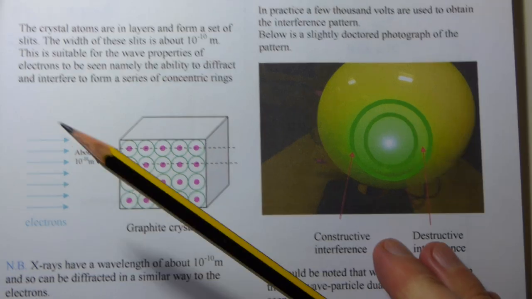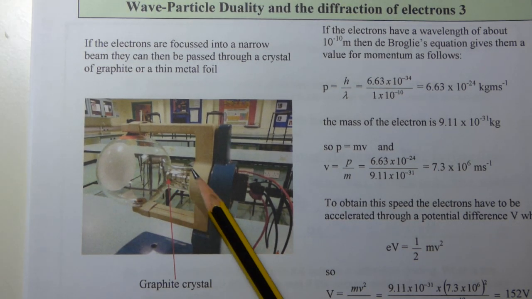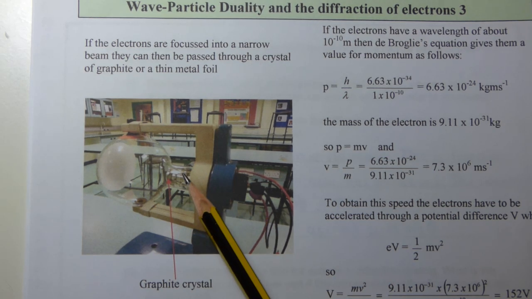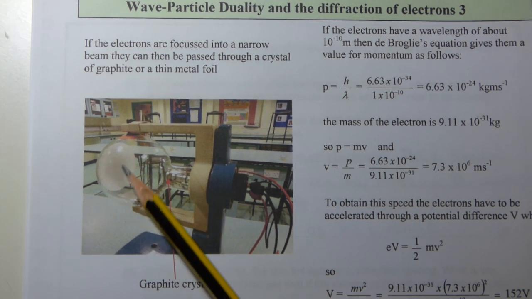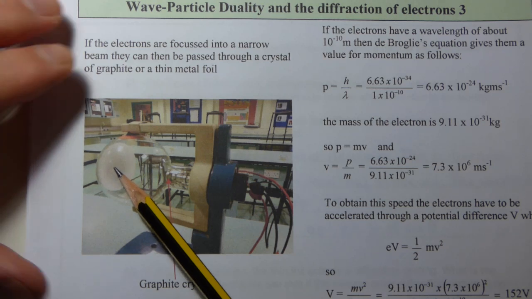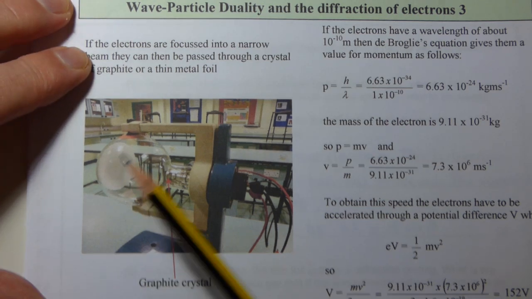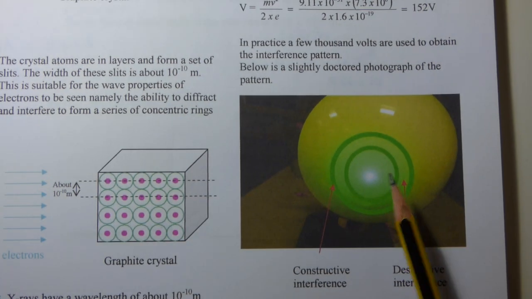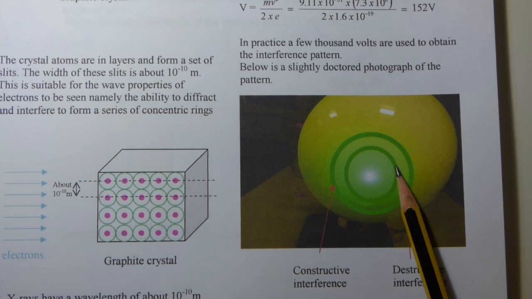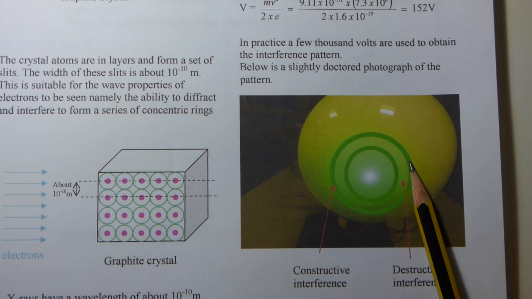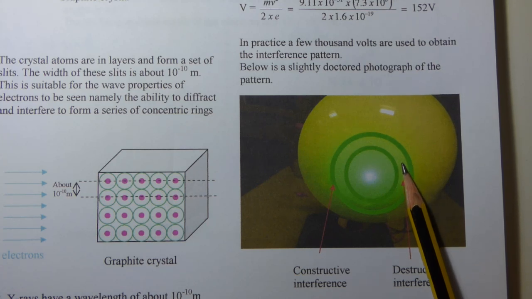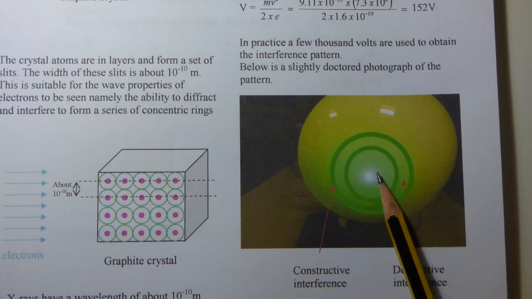This is the electron tube itself. Electrons come out of the back end, they're accelerated by the anode, and they hit that screen, producing a glowing effect, fluorescence. You get electrons, no electrons, electrons, no electrons, and so on. So it looks like constructive interference, destructive, constructive, and so on.